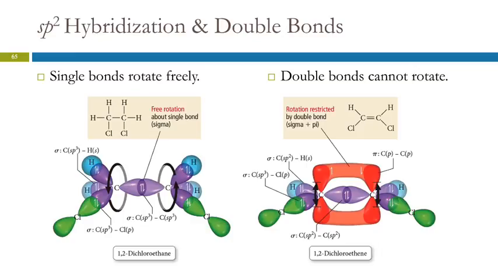There's a whole bunch of pretty or scary pictures, depending on your point of view. This is 1,2-dichloroethane. So this is the Lewis structure for this. And so what we're going to have here is sp3 hybridization on the carbon.